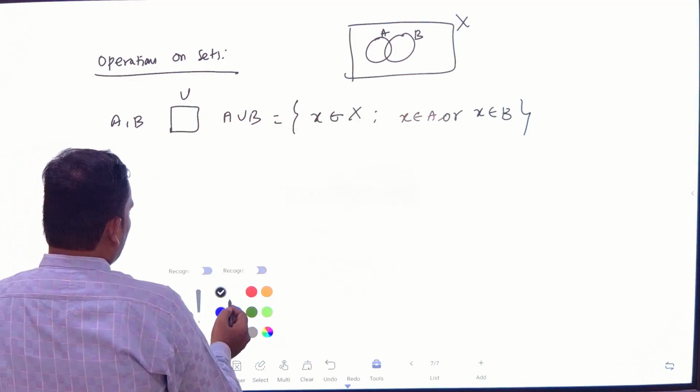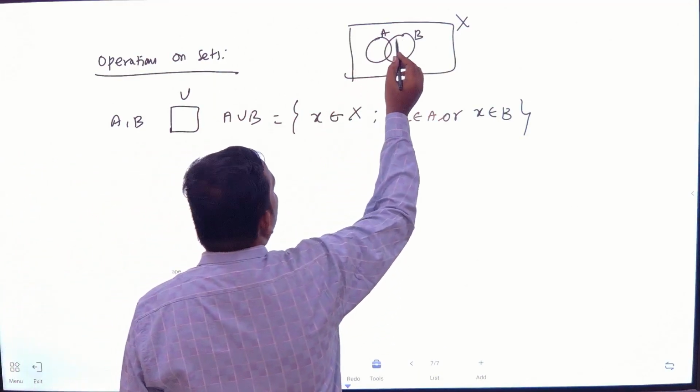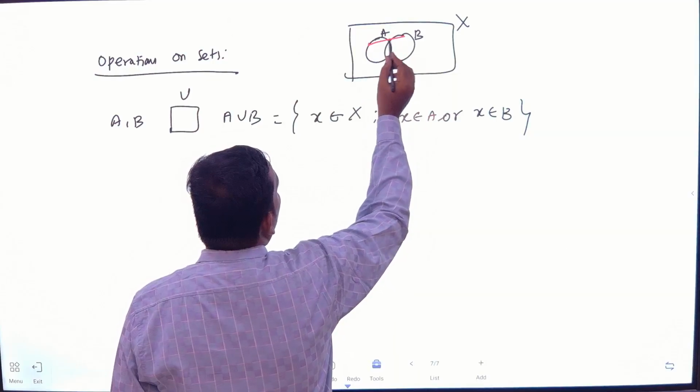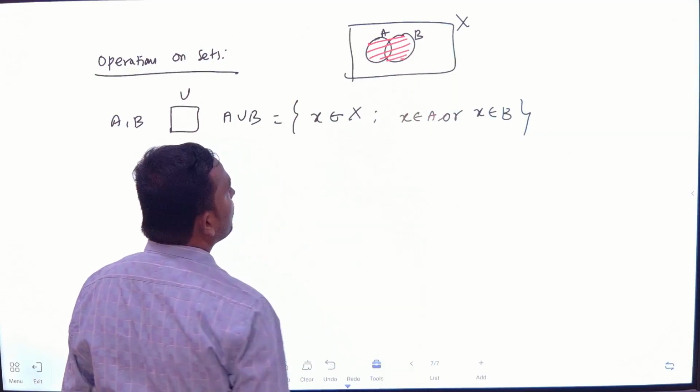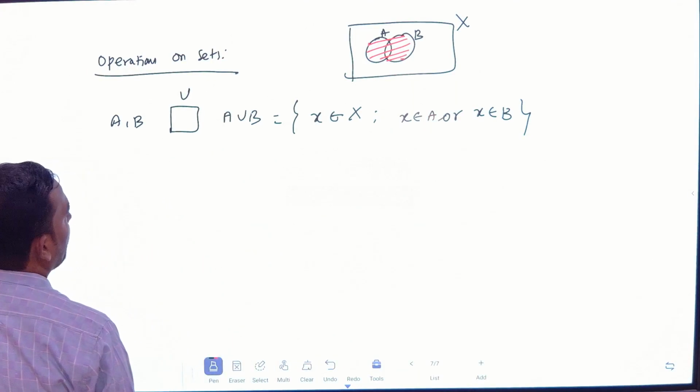Then in the Venn diagram, you can see A union B is this portion, right? A union B. Okay.